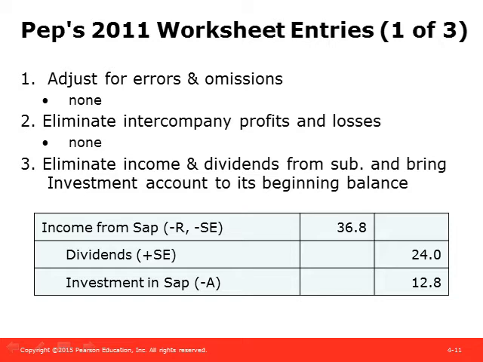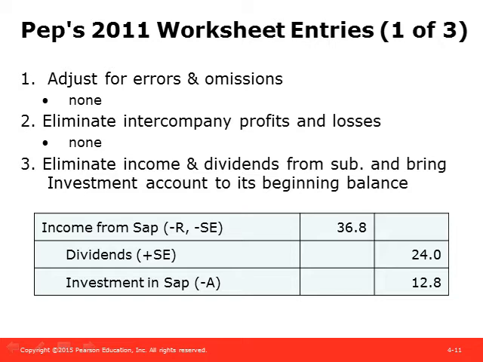And so again, the income from SAP, which was a reduction of retained earnings and a reduction of revenue and a reduction of shareholders' equity, the 36.8K came from calculating PEP's 80% share of the 46K in adjusted income we calculated earlier.